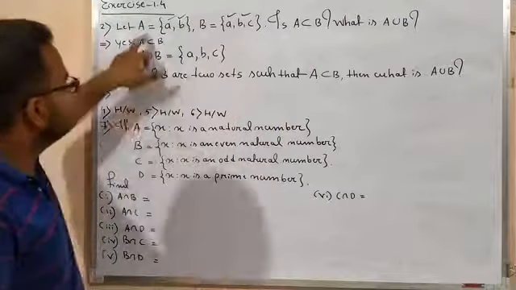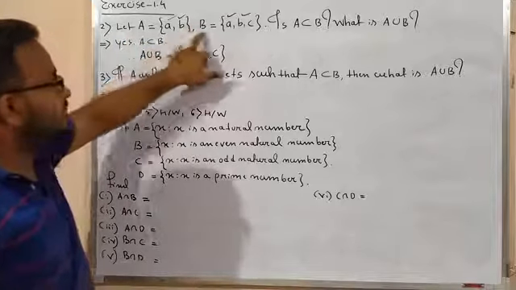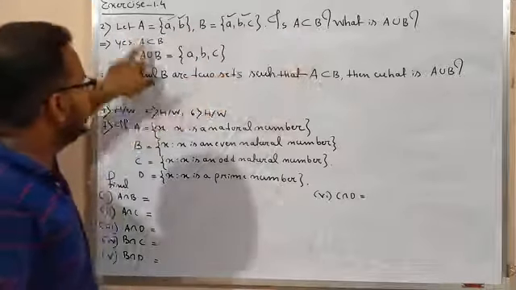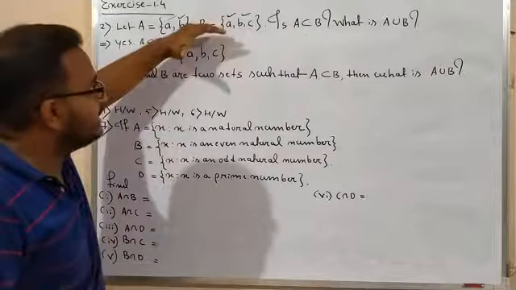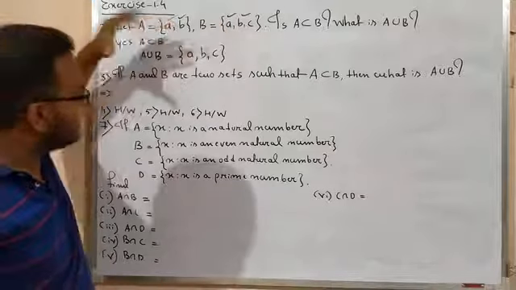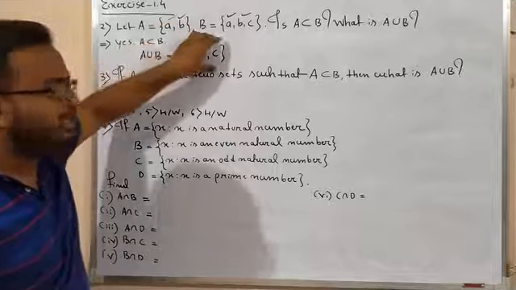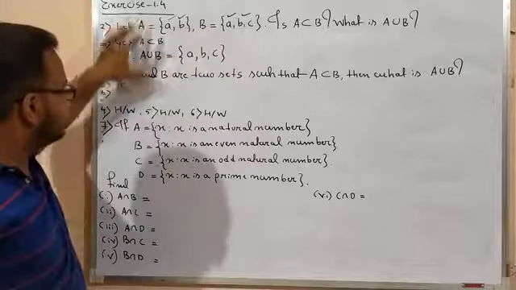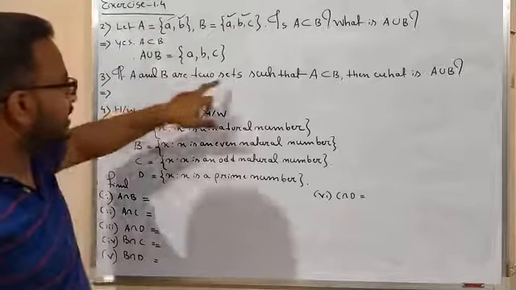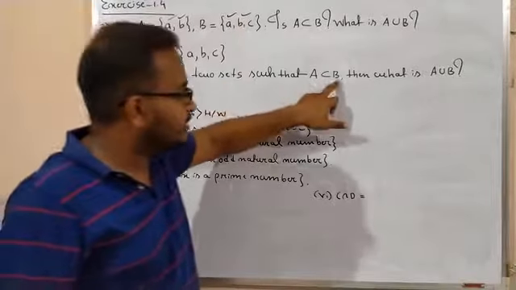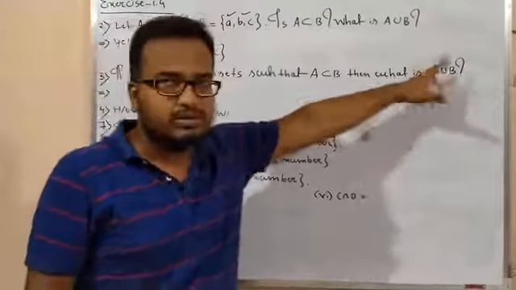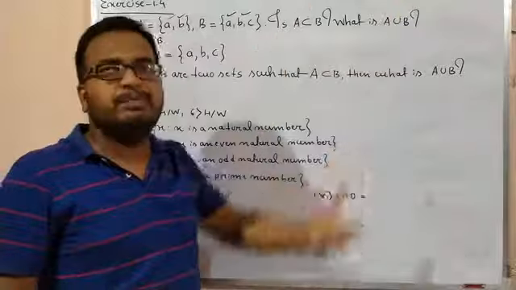In this case, A is a proper subset of B, isn't it? That is why A union B is B, because A is entirely contained in the set B. So if you take the union, you will find the bigger set. If A and B are two sets such that A is a proper subset of B, then A union B is B itself.